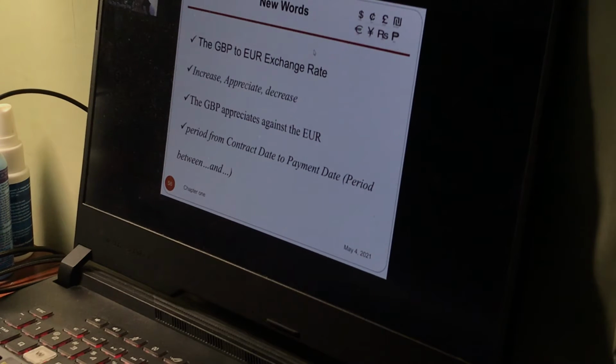If you say the GBP appreciates against the euro from contract date to payment date, in Vietnamese, tỷ giá đồng bảng Anh tăng giá so với đồng euro, so sánh ở thời điểm ký hợp đồng với thời điểm thanh toán. Okay, so you can use that for your exam.